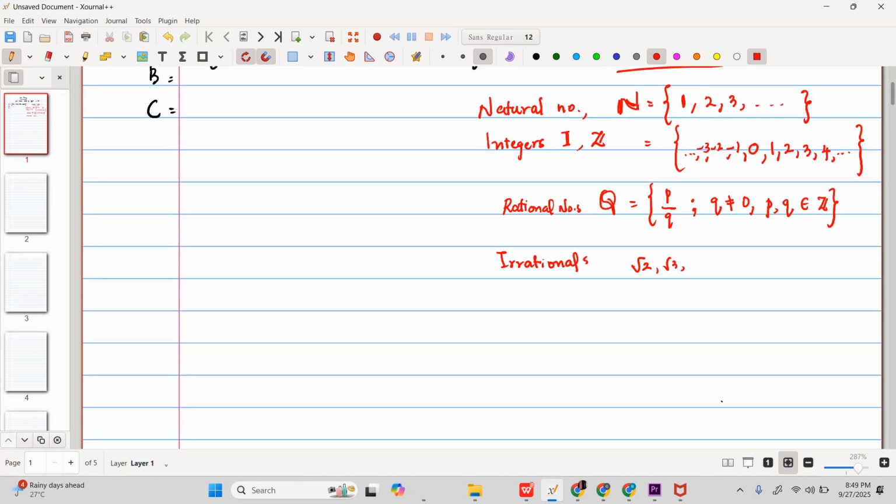Then we have the real number system, represented by script R, which is the collection of all rational numbers Q and the irrational numbers. Combining the irrationals and rationals gives you the real number system.